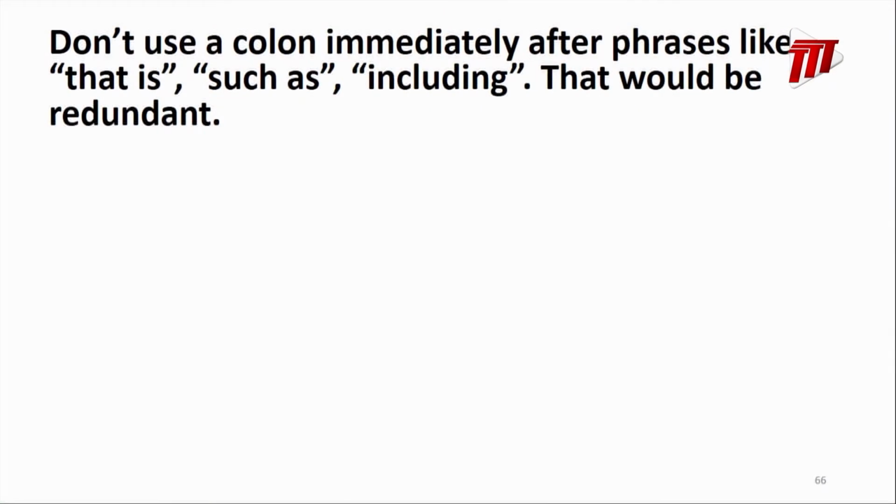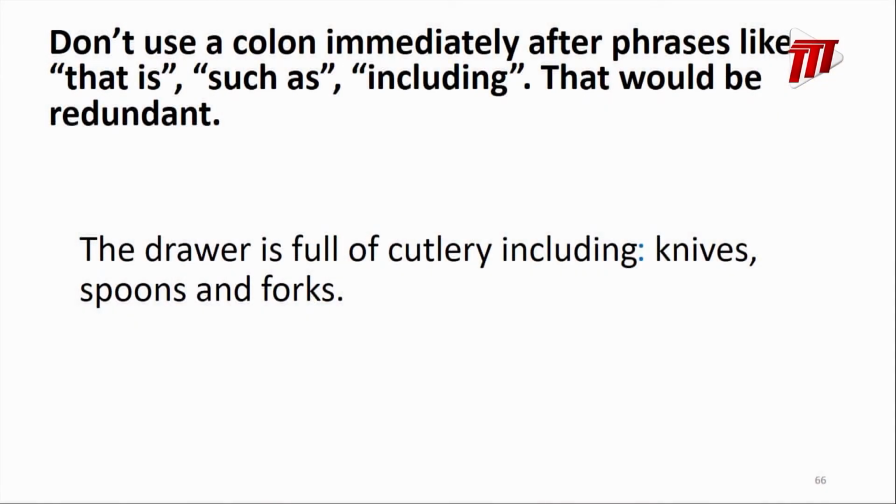Spoiler alert, don't use a colon immediately after phrases like that is, such as, including. Why? You already have that is, you already have such as, you already have including. So putting a colon would mean you're putting a colon twice, right? You're being redundant. The drawer is full of cutlery, including knives, spoons, and forks.